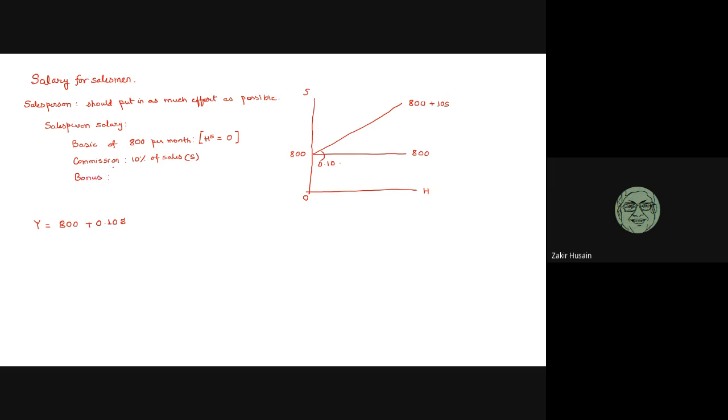The bonus is 500 if S is greater than 20,000. I'd better put Y over here, because two S's are coming.